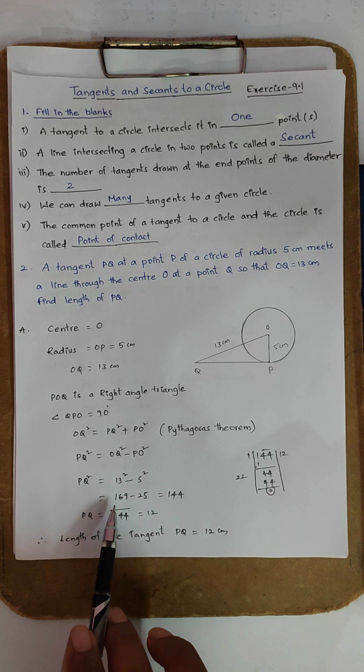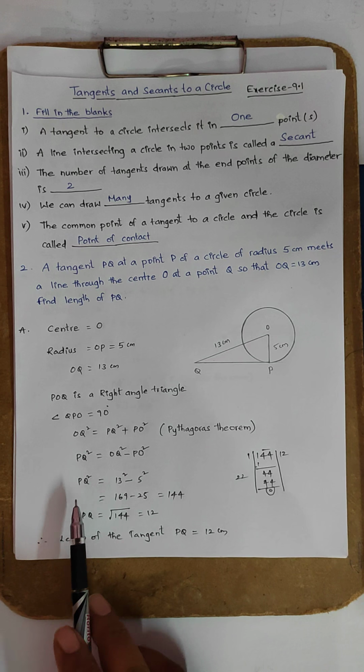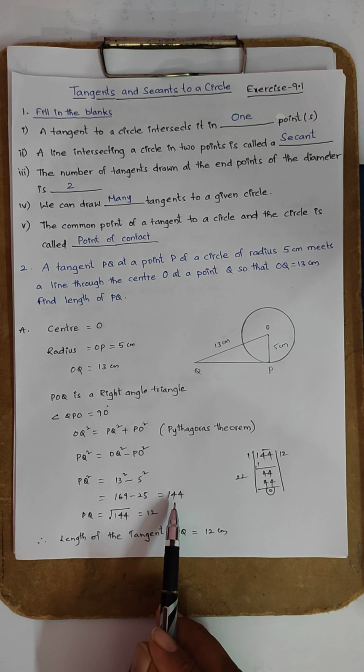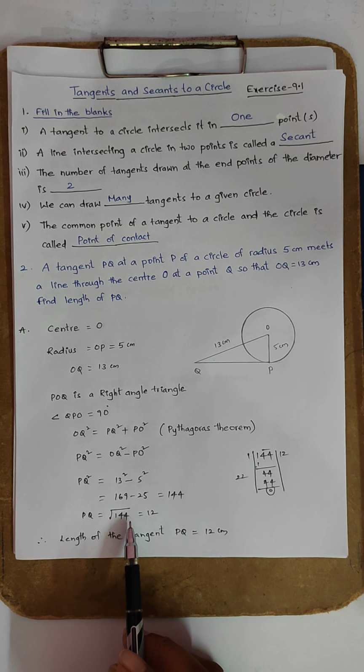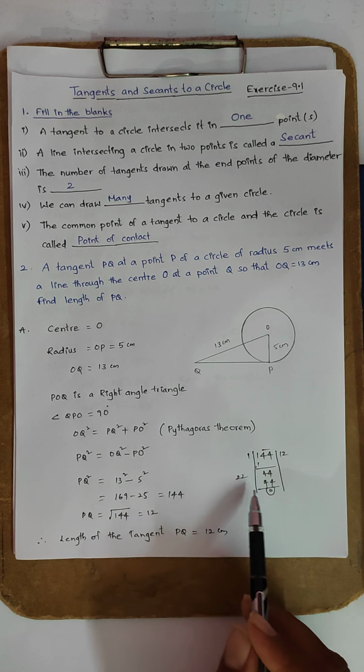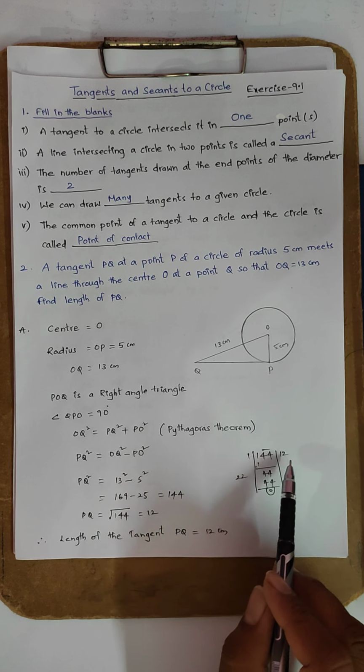The difference 169 minus 25 is 144. Now PQ square is equal to 144. PQ is equal to the square root of 144. Finding the square root of 144 by the division method, we get the answer 12.